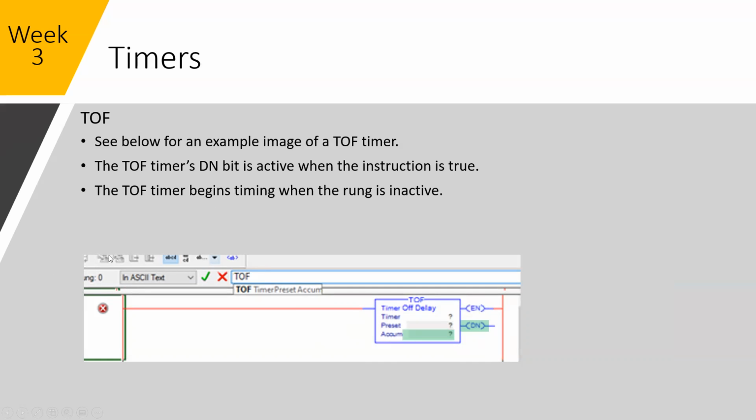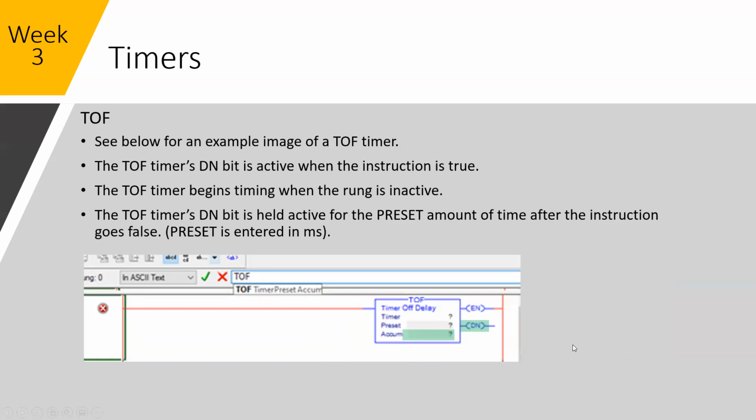So that means on the trailing edge, when it moves from true to false, that's when the T off begins accumulating. Then the timer's done bit is held active for the duration of the preset until it has accumulated, and then the output will turn off.